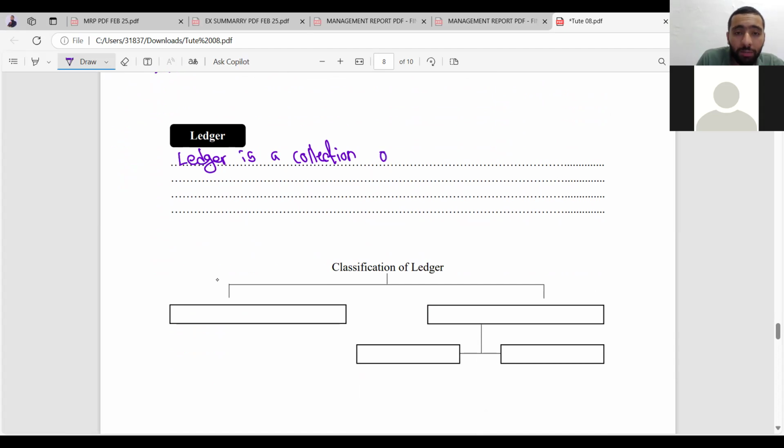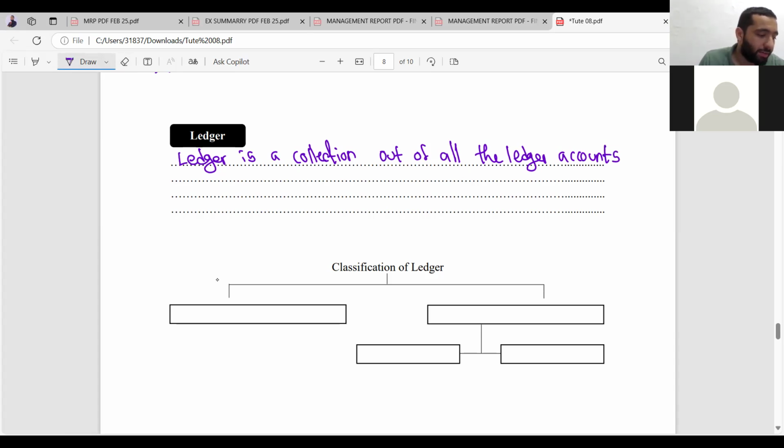Ledger is a collection out of all the ledger accounts.